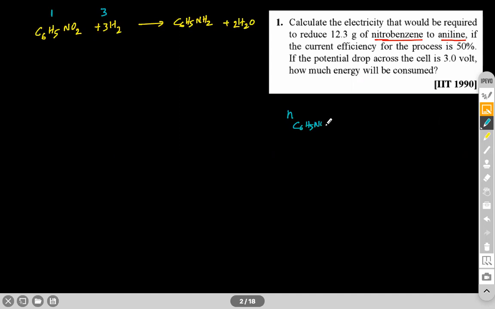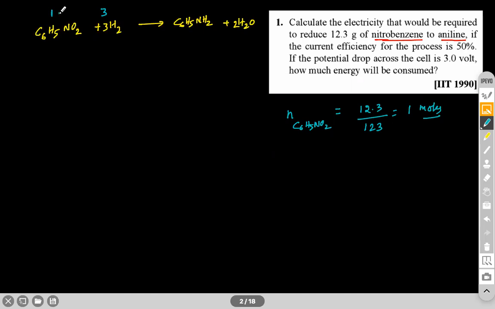If you find out the number of moles of C6H5NO2, which is the nitrobenzene here, this would be equal to the given mass, 12.3, divided by the molecular mass of nitrobenzene, which is 123 gram. So 0.1 mole we have here, right?